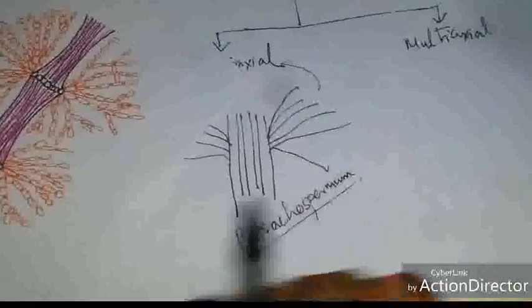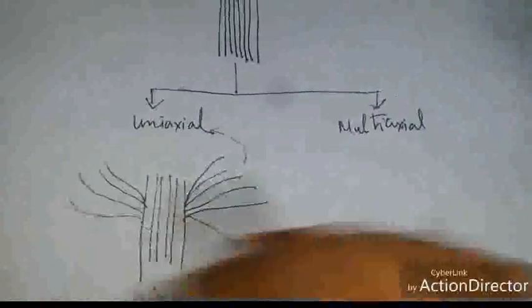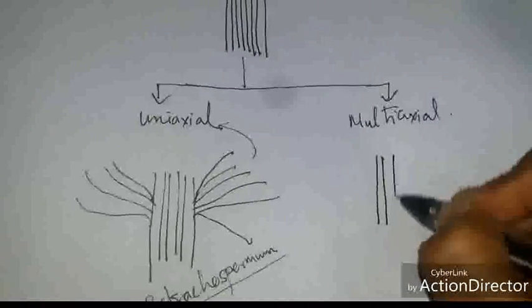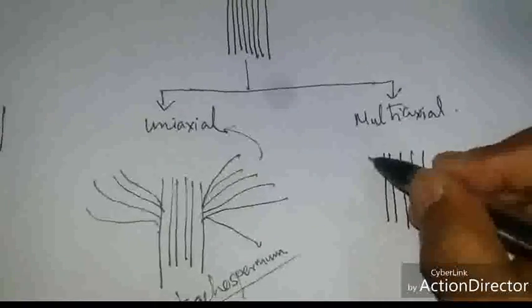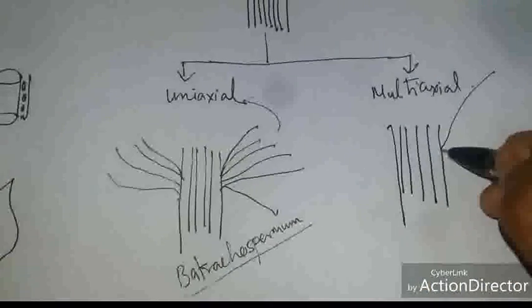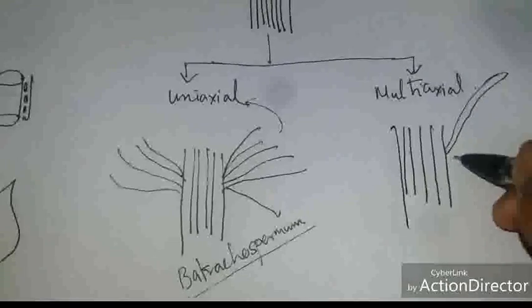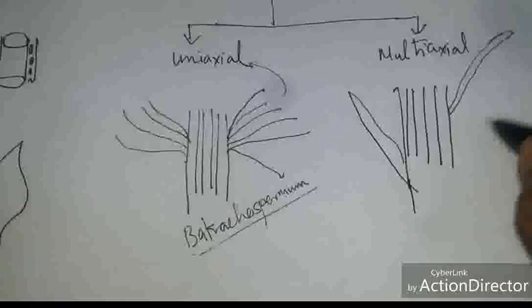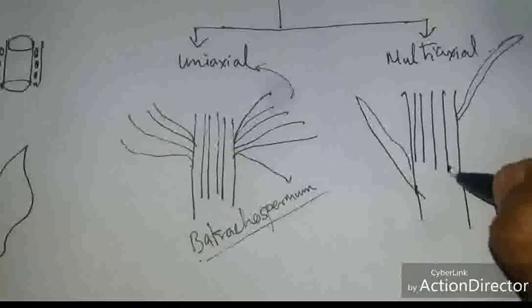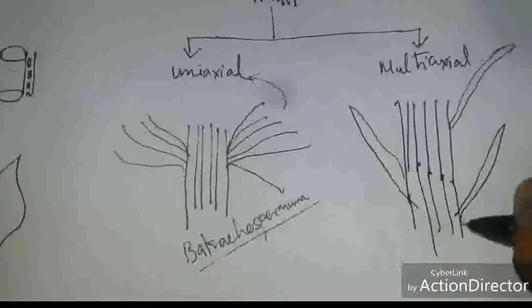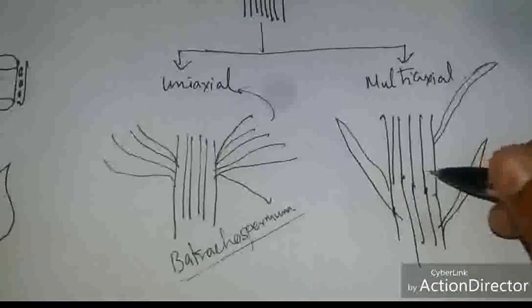Now multiaxial means from this main axis lateral branches arise, not from a particular node but from any portion of this main branch.